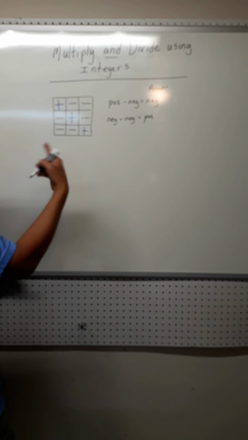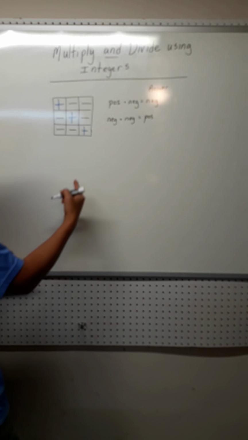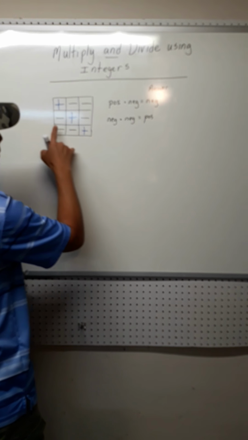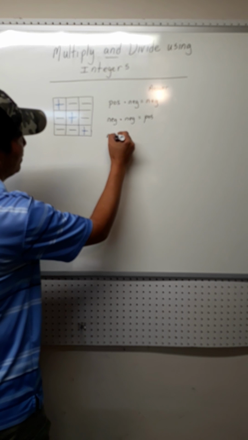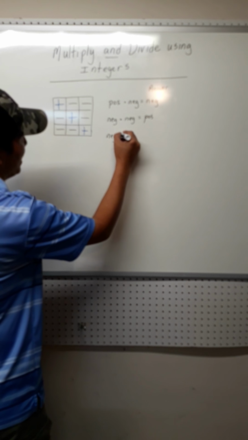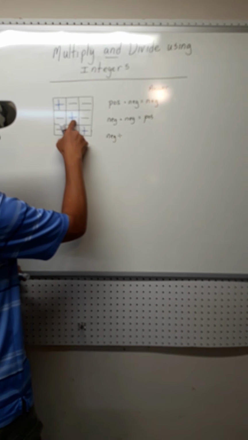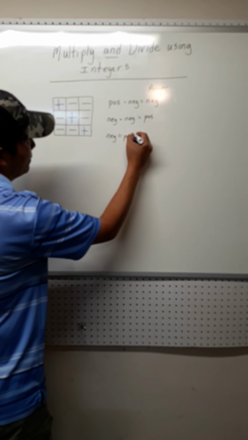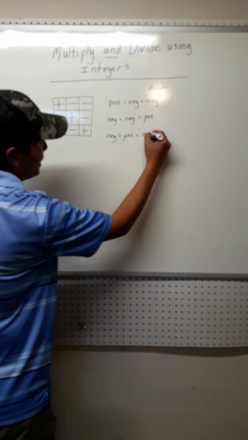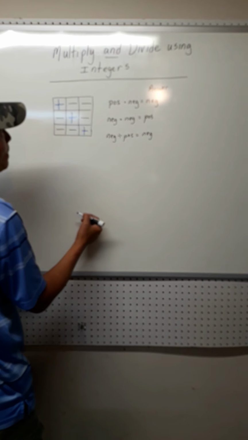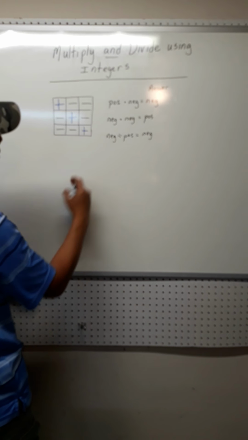If I were to do division as well, let's use the second row going across: a negative divided by a positive will give me a negative answer. And let's go one going diagonal.